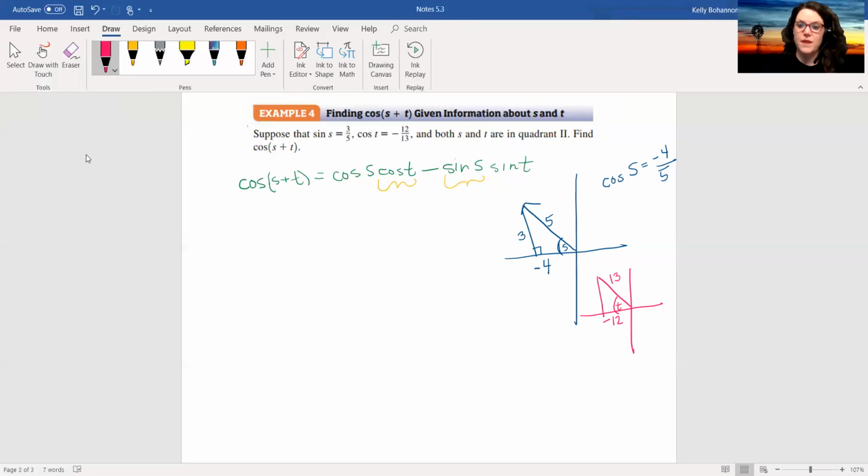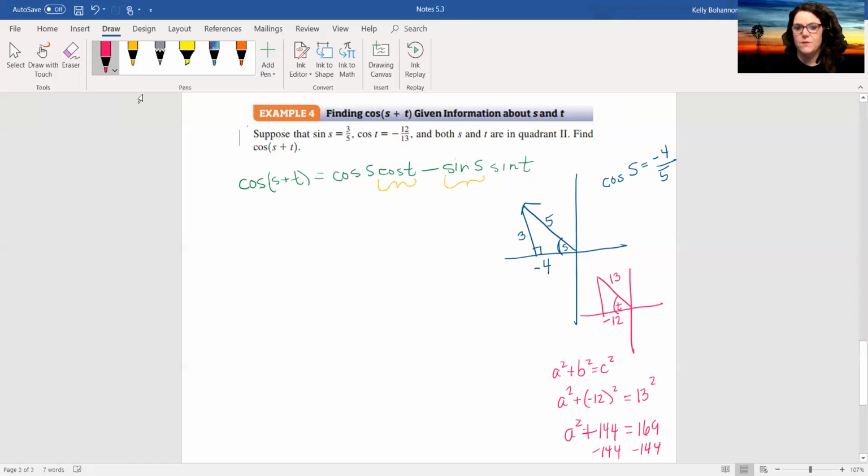So I could use Pythagorean theorem, a squared plus b squared equals c squared, and just plug in the numbers that I know. a squared plus -12 squared, and of course it doesn't matter where you plug that, equals 13 squared. So a squared plus 144 equals 169. Subtract 144 from both sides.